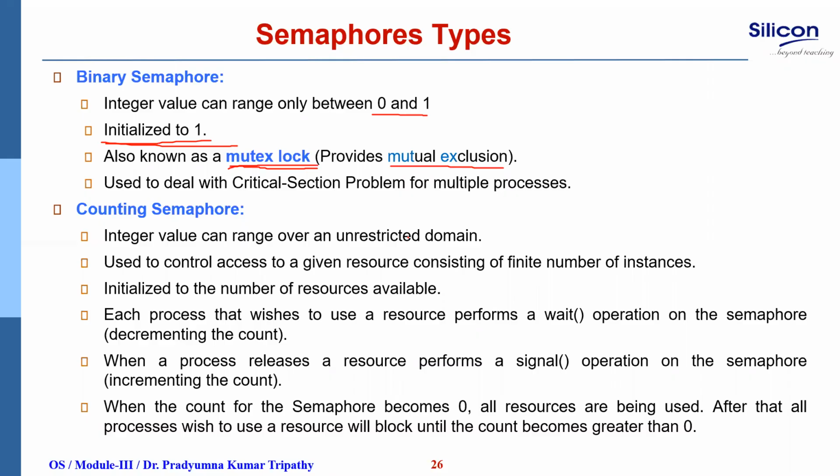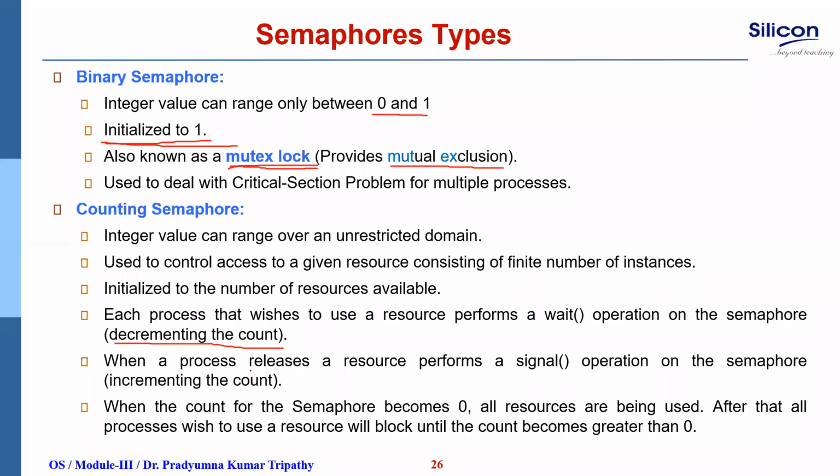Each process that wishes to use a resource performs a wait operation on the semaphore by decrementing the count, and whenever a process releases a resource, it performs a signal operation on the semaphore by incrementing the count. Just look over here. Any process that wishes to use a resource does so by decrementing the count.